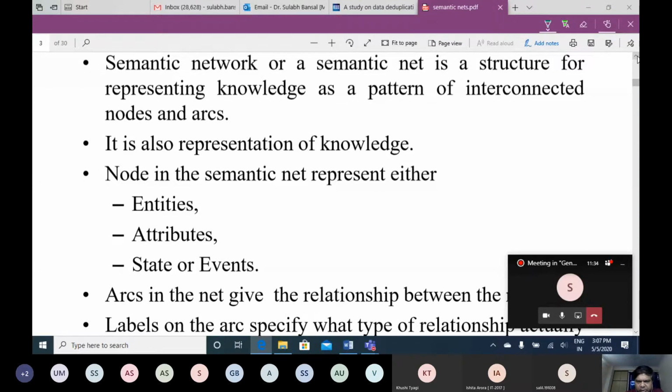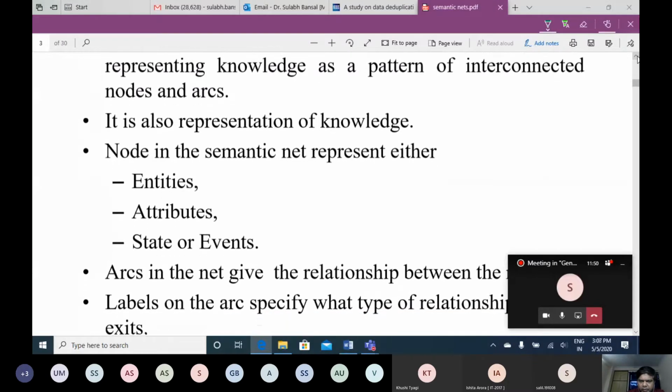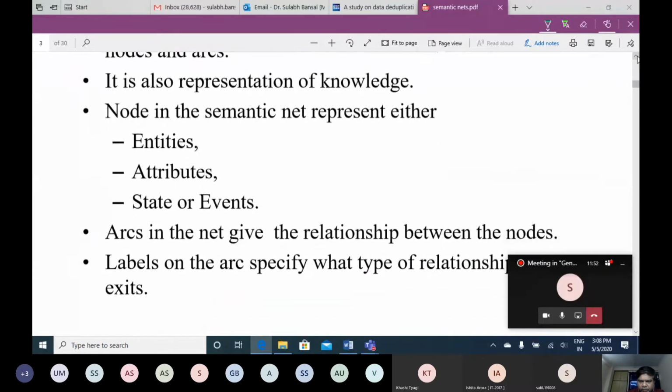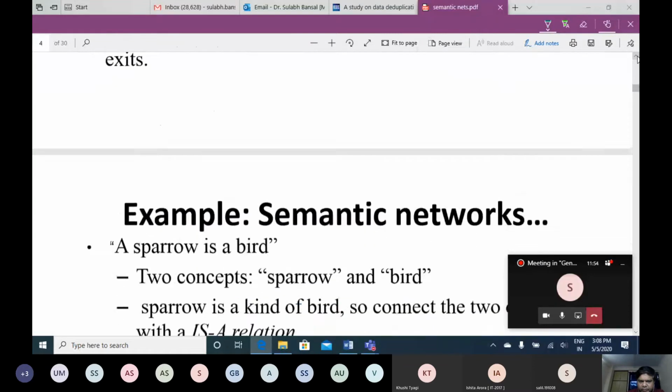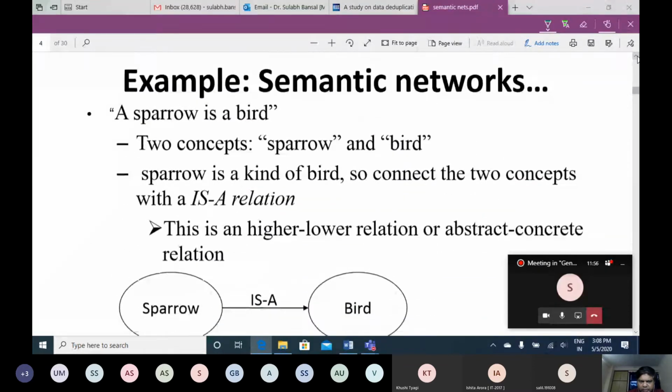You would have certainly gone through the ER diagrams in your database design. Similarly in semantic nets, nodes are used for entities and attributes, and arcs or lines are used to show the relationships between entities.